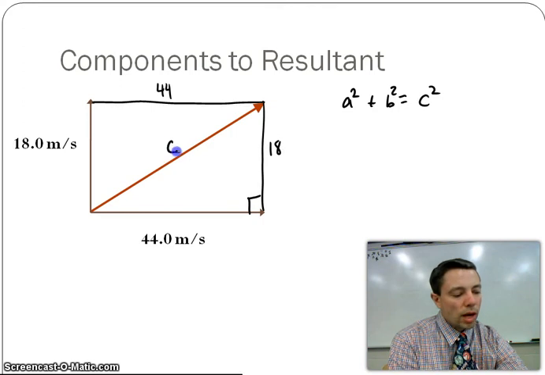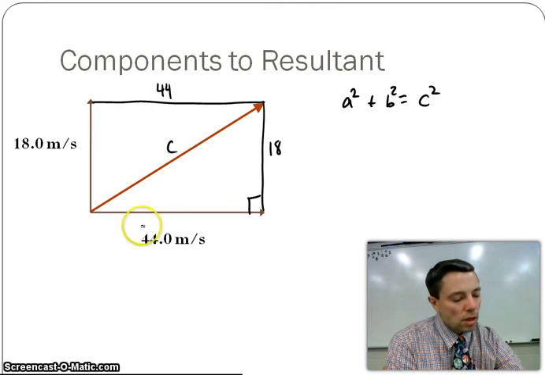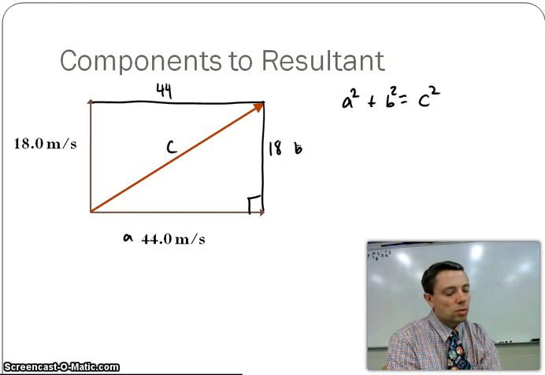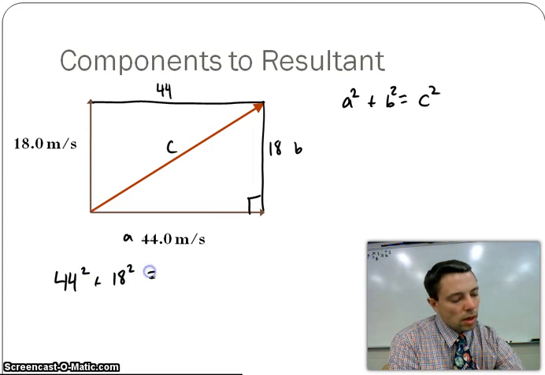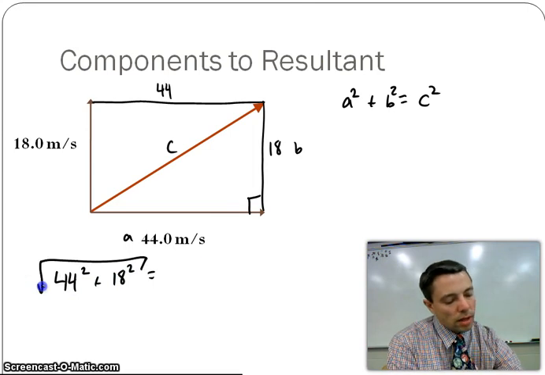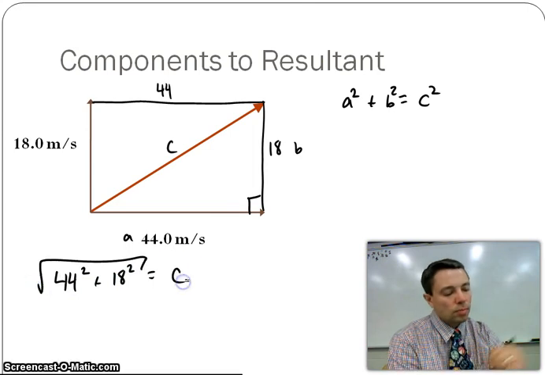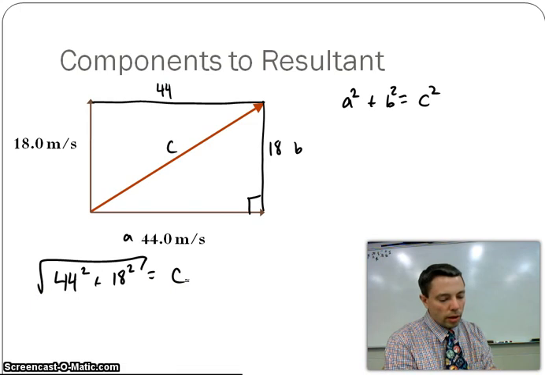So if I'm looking for the hypotenuse, which is my c, this is my a, this is my b, I just have to take those values and square them. So if I do 44 squared plus 18 squared, and then take the square root of that, that'll give me my c. Okay? And so I'll do that on my calculator.